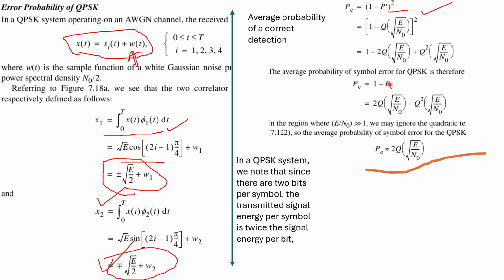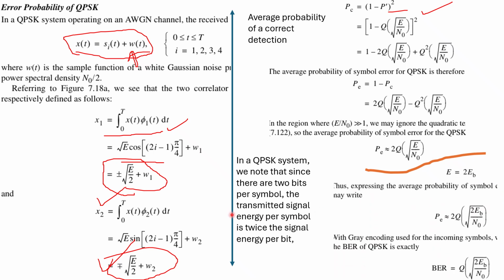Here the average probability of symbol error for QPSK is therefore P is equal to 1 minus Pc, and 1 means the complete information. So error only we want to detect, right? So directly we will detect the probability of error only. So 1 we can remove, and higher terms we can remove, so we'll get this probability of error, that is twice of Q of square root of E by N naught.